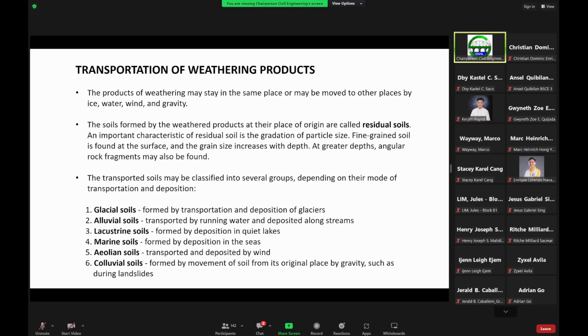Okay. So I think here in the Philippines, we have all these soil types, except the glacial soils. No? Okay. If you go to Canada, for example, they have what we call glacial till. Okay, glacial till has the same composition as residual soils.